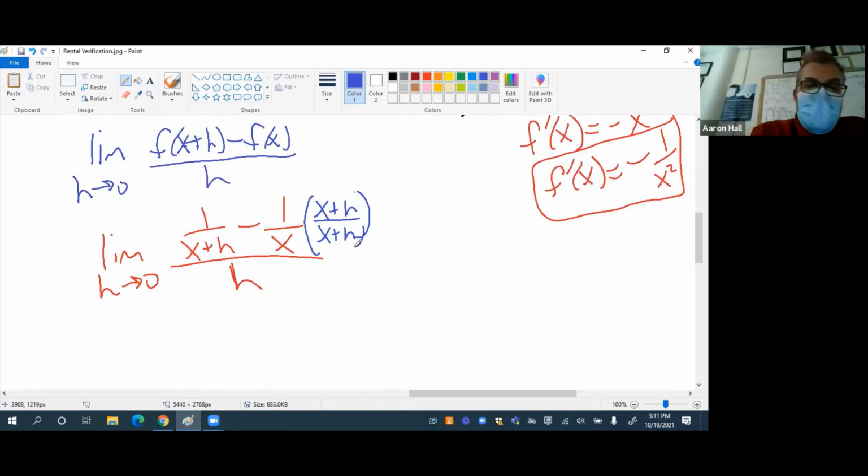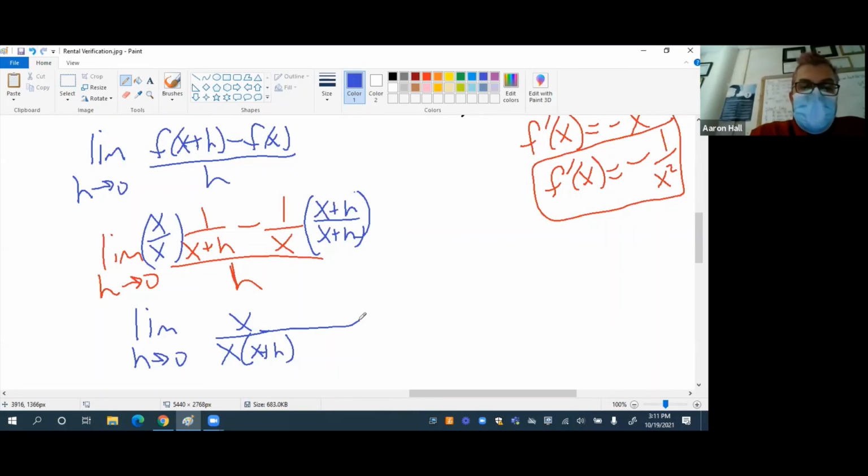And we need to multiply by 1 in the form over here of x over x. I'm going through this really fast because we're running out of time. So that gives me x over x times x plus h. And then we're going to just add it. So minus x minus h, does that look right to you? If I distribute this negative. Okay, now what?